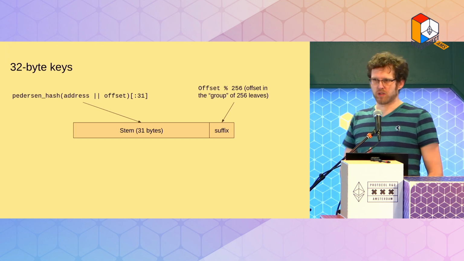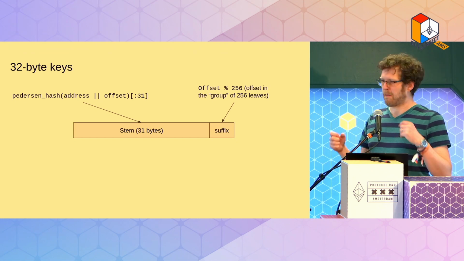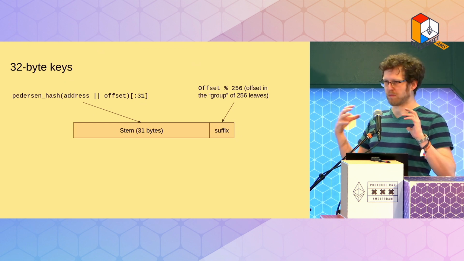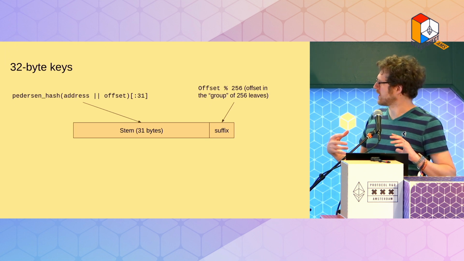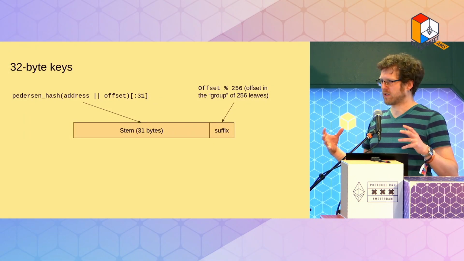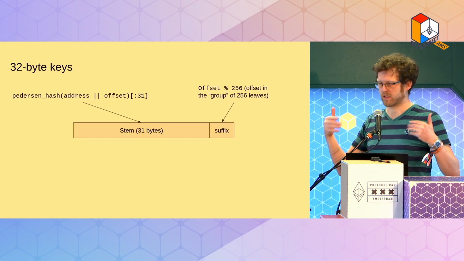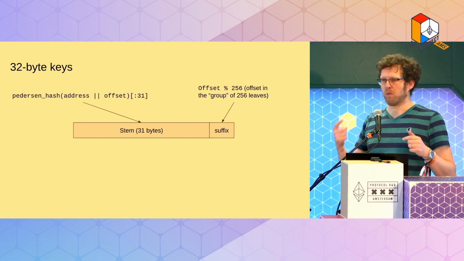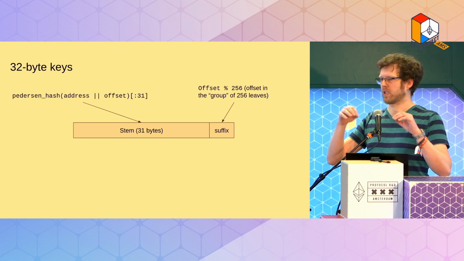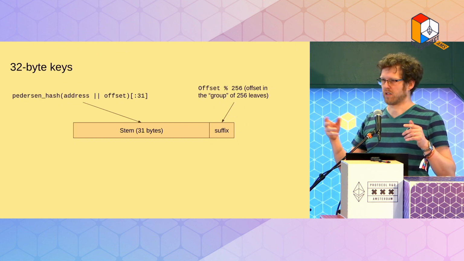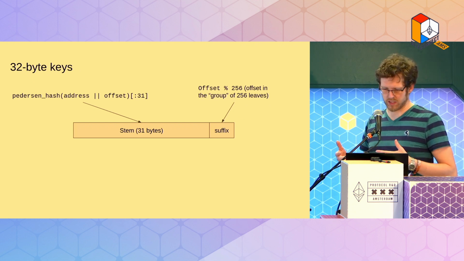The way the keys were changed, you switch to 32-byte keys. And what we do is we group values by groups of 256 leaves. Each account has its components, so the nonce, the balance, everything, represented by one leaf. And each value is available at one given offset. For example, the first offset is the account version, then you have the nonce, things like this.